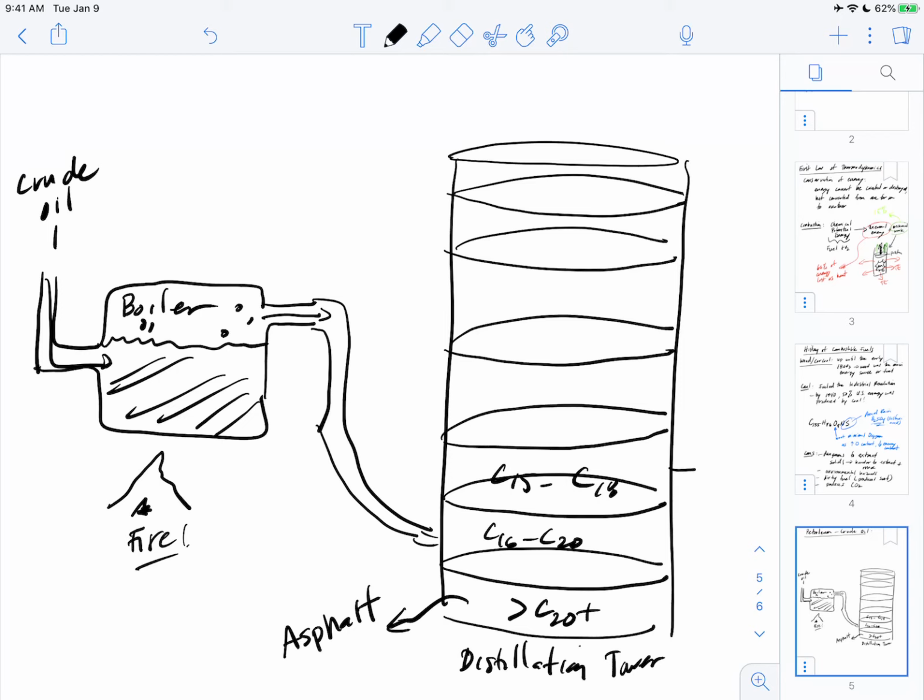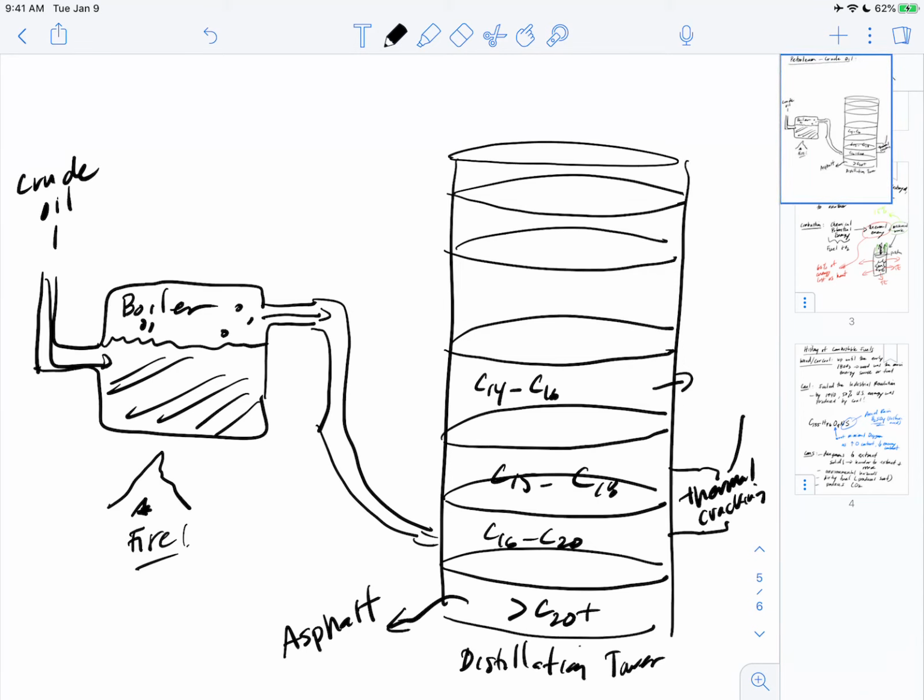We're going to take both of these and process them in something called thermal cracking, which allows us to break them into smaller carbon chains. We have C14 to C16. Again, this is the chain length, and this is going to be diesel fuel.